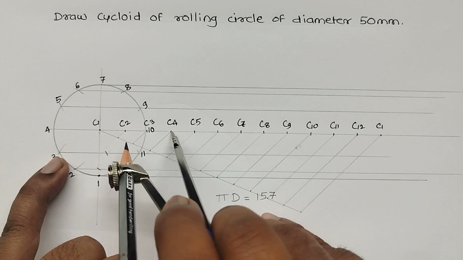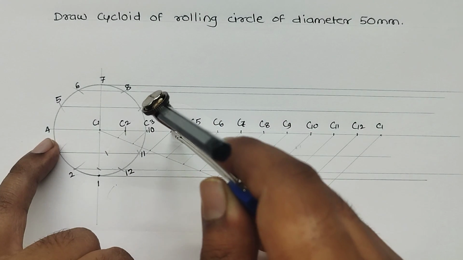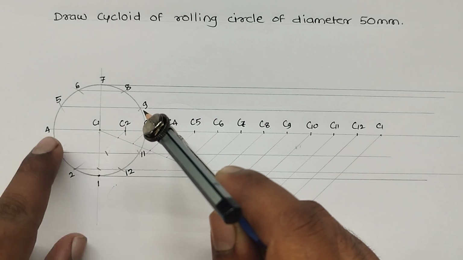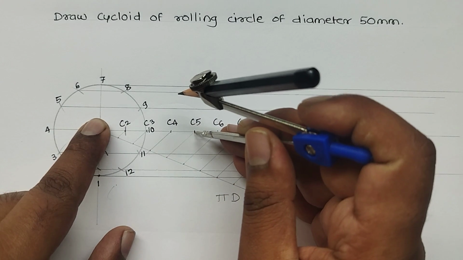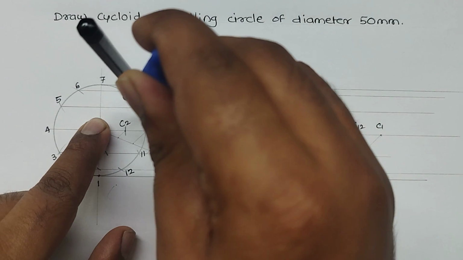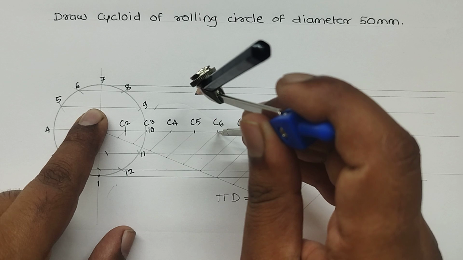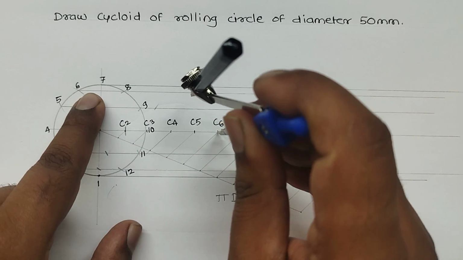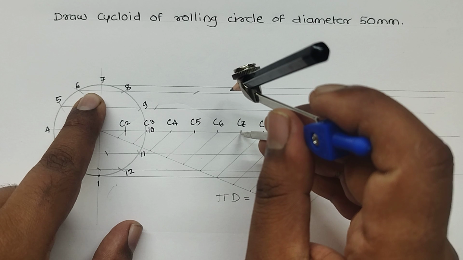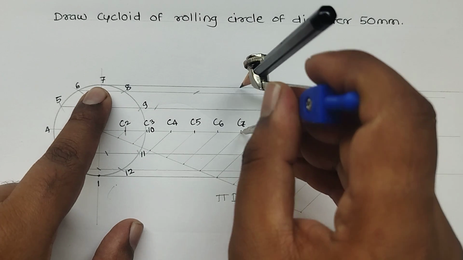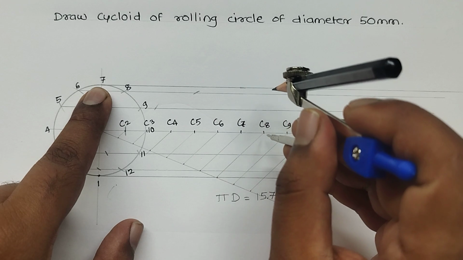From point 4, C4, mark the line on line 4. These are the reference lines. So from C5, line 5, C6, line 6, C7, line 7, I am getting over here exactly perpendicular.